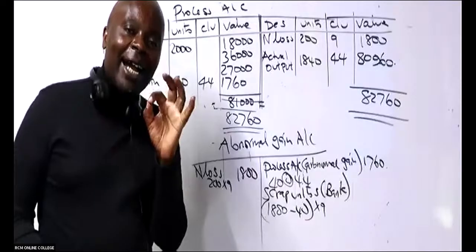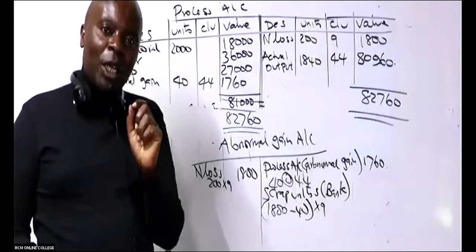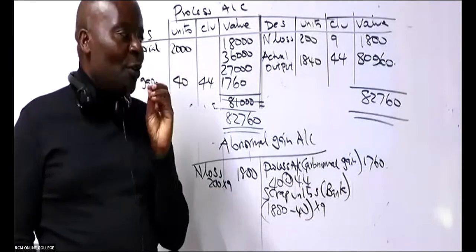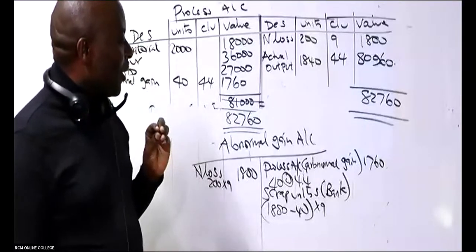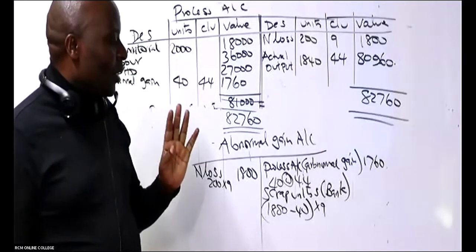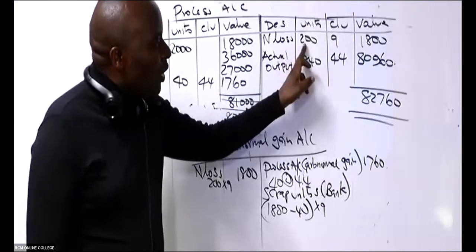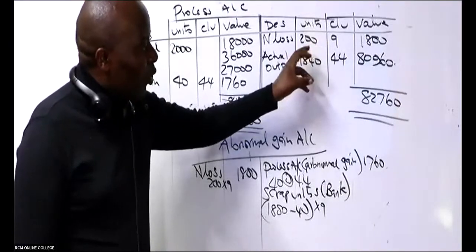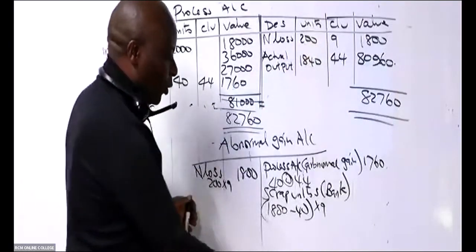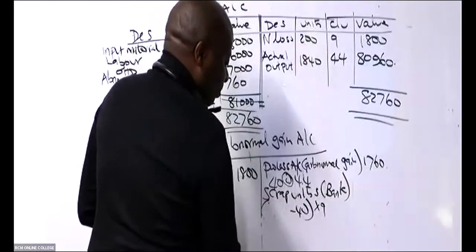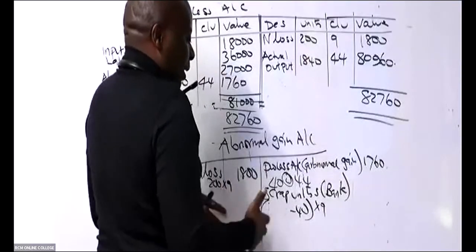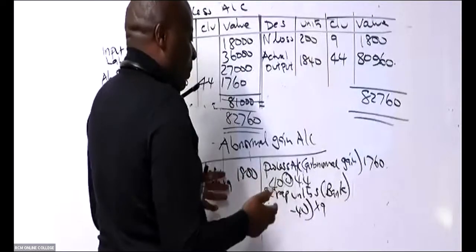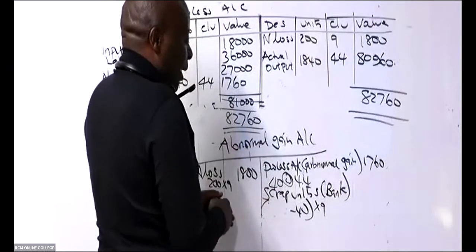Because you see, as process costing experts, we expected the loss to be 200 units. Sorry for that, I was picking the value. We never expected this, but there is a good accident that happened and we saved.